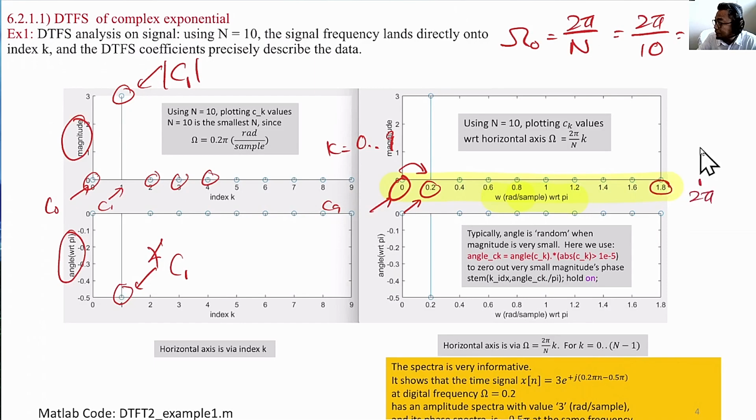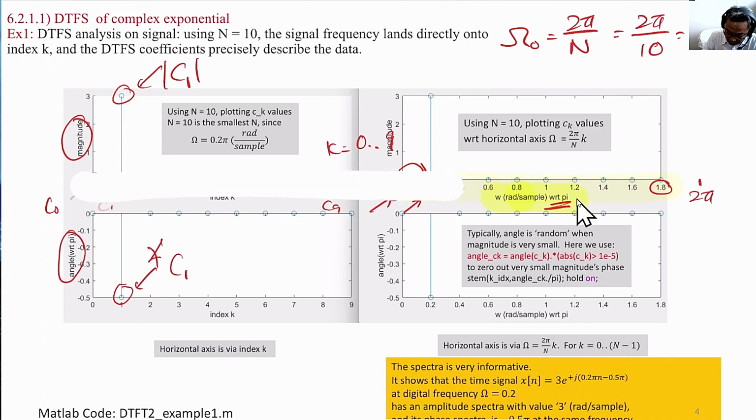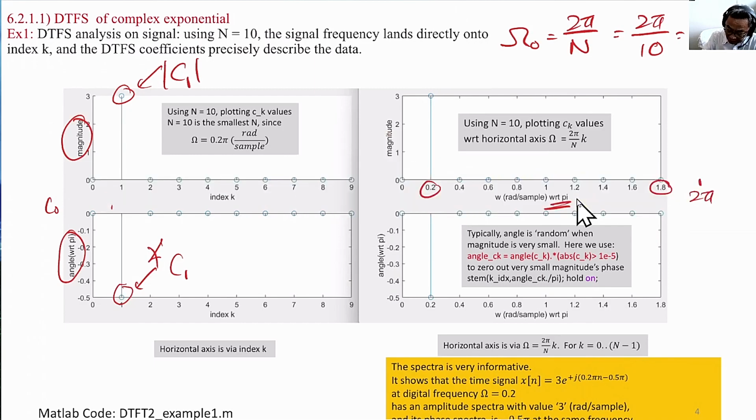So most of the time we write 1.8 with no pi because we are stating that the horizontal axis is with respect to the value times pi. So please remember how to translate from index k into omega of radian per sample.